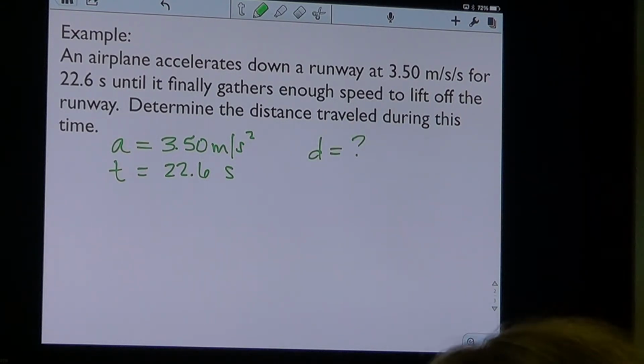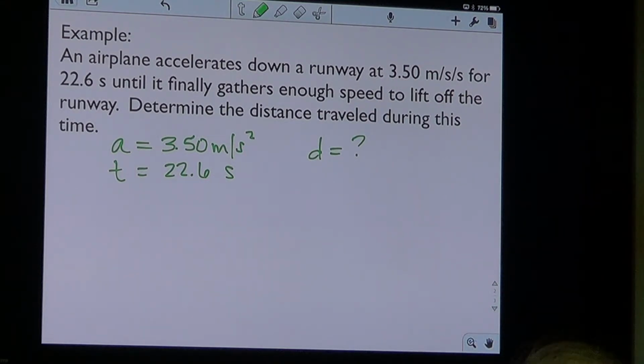Now, remember I said we had to have 4 quantities, and this is only 3. Can you find an equation that has those 3 in it? Yeah, the first one.